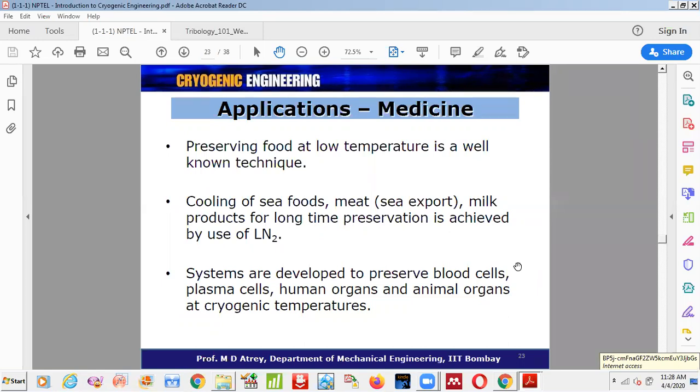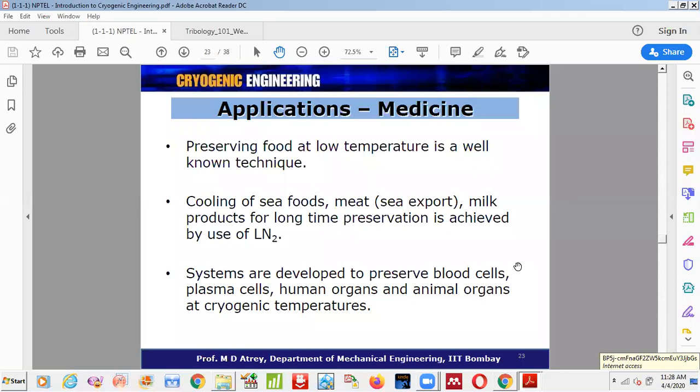Chillers are the ones with which you preserve the milk product, and they will be very cold, up to a temperature of -100, -200 degrees centigrade. Systems are also developed to preserve blood cells, which we have already discussed, plasma cells, human organs, and animal organs at cryogenic temperature.